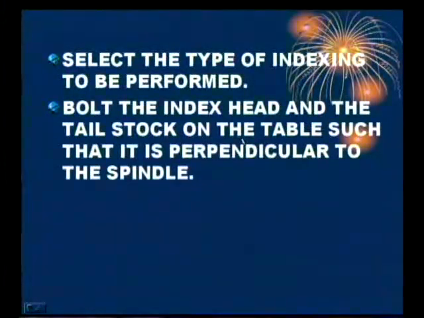By properly knowing the method and the type of head, you mount it on the table with a suitable tail stock, such that the axis of tail stock and head are perpendicular to the spindle of the milling machine. So, bolt the tail stock and the indexing head on the table.